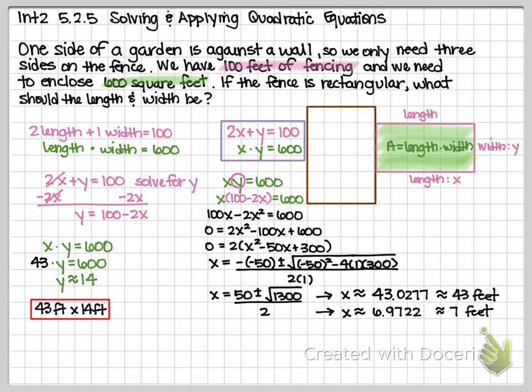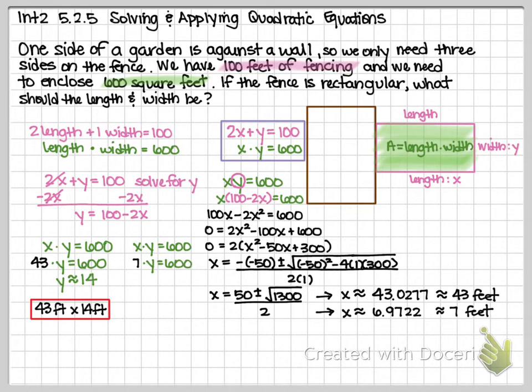Okay, let's do the other one. So I'm going to do same equation, x times y is equal to 600. The other x that we calculated was 7 times y equals 600.